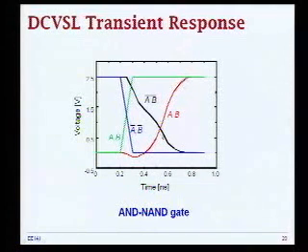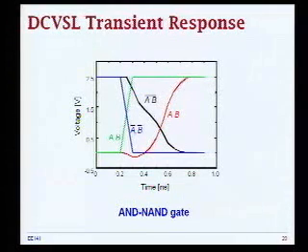And that happens rather quickly when both of these are working through this positive feedback, and then you have complementary and true outputs available at about the same time. Okay? Does this make sense?